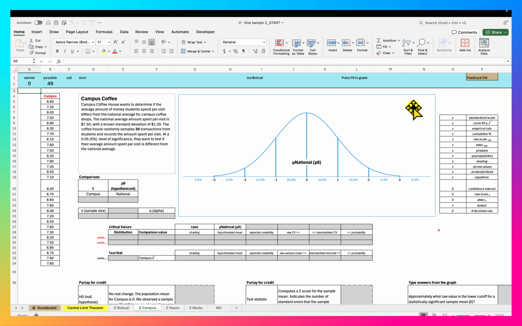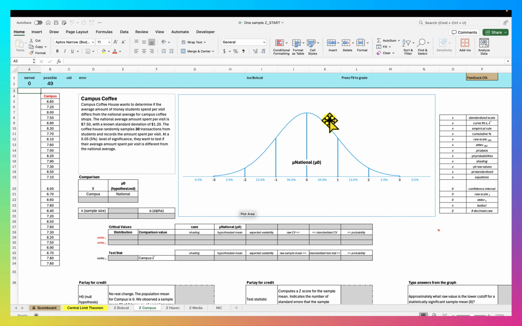The coffee house randomly samples 30 transactions from students and records the amount spent per visit. At a 0.05 or 5% level of significance, they want to test if their average amount spent per visit is different from the national average.